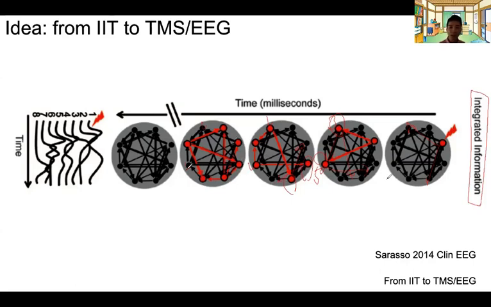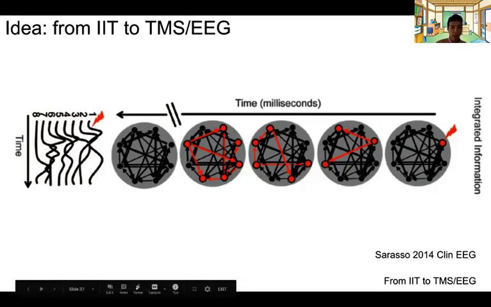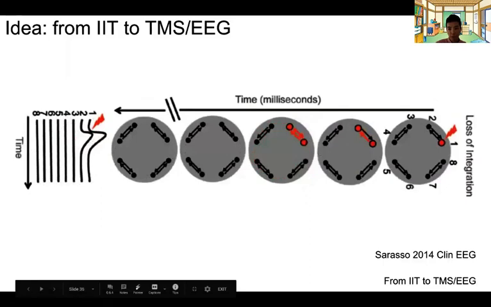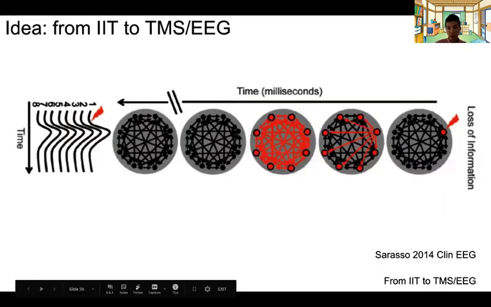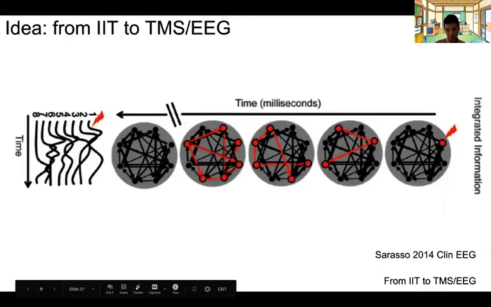As a result, the prediction is that the activated pattern propagates across all the connected brain areas and shows a complex pattern of activity. So these are the three predictions of a TMS-EEG experiment applied to the human brain with loss of integration, loss of information, and high integrated information.